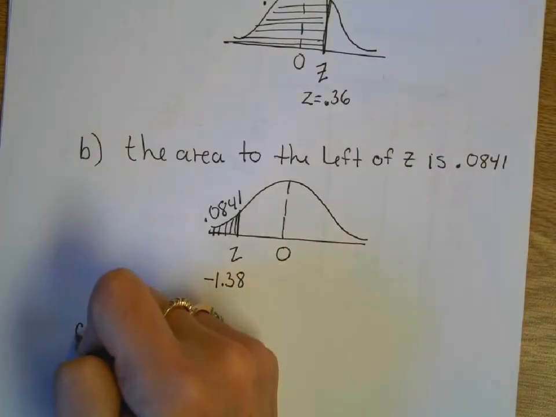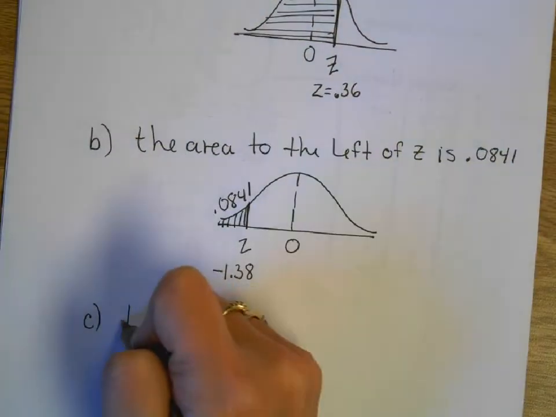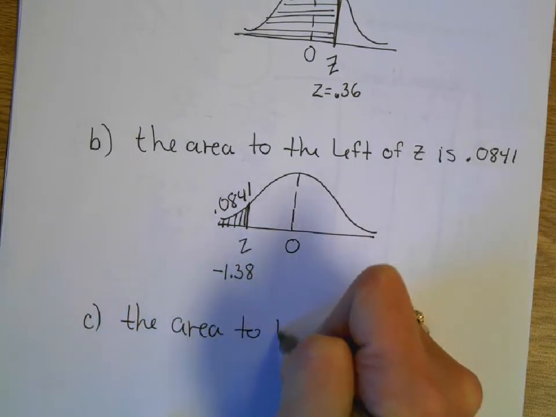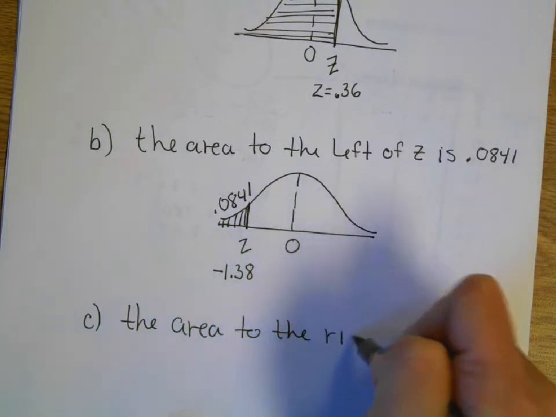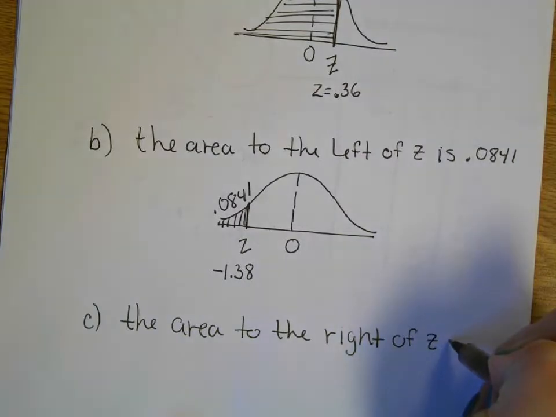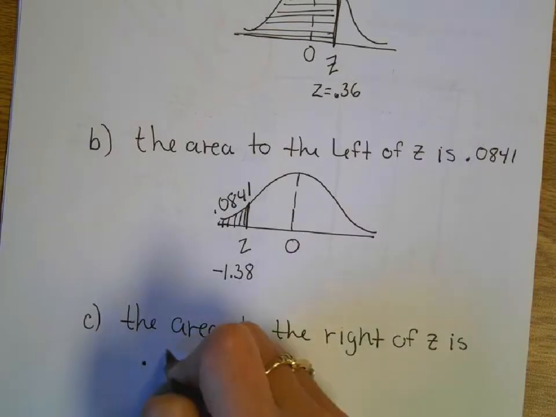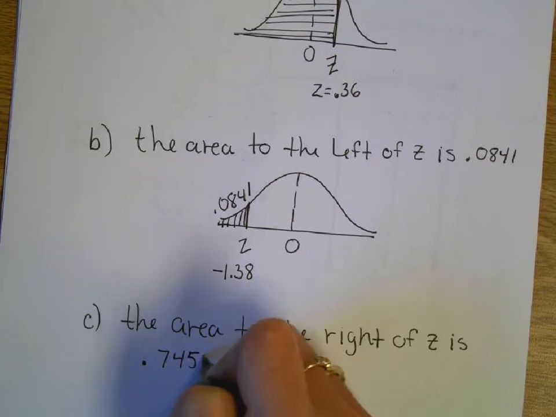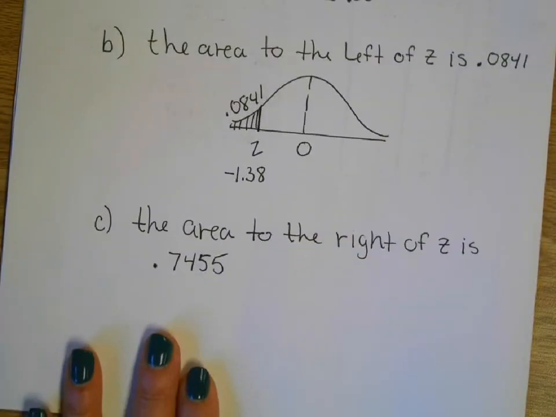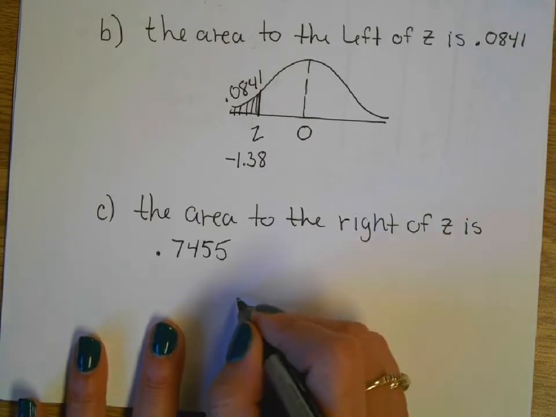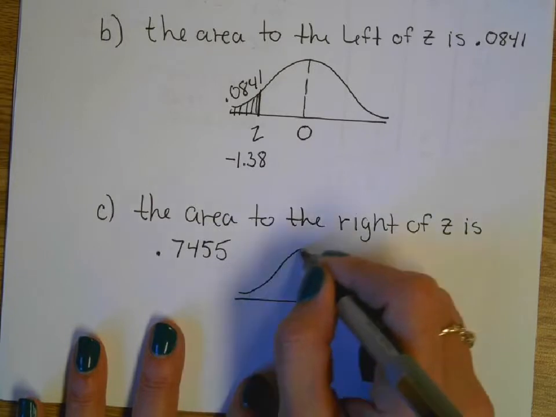Okay, now, if the area to the right of z is 0.7455. So this time I'm giving you the area to the right. You have to subtract it from one.